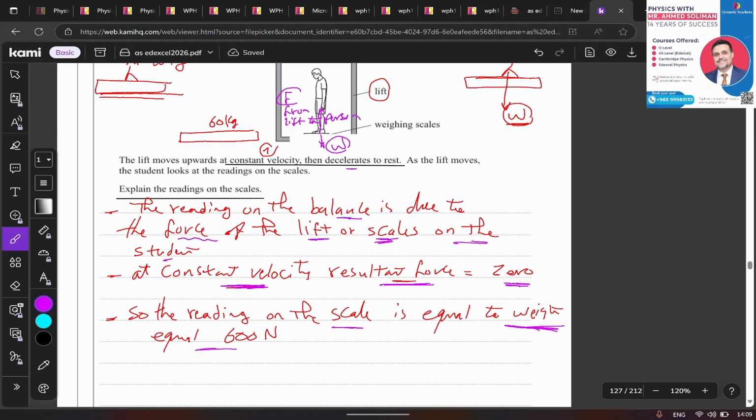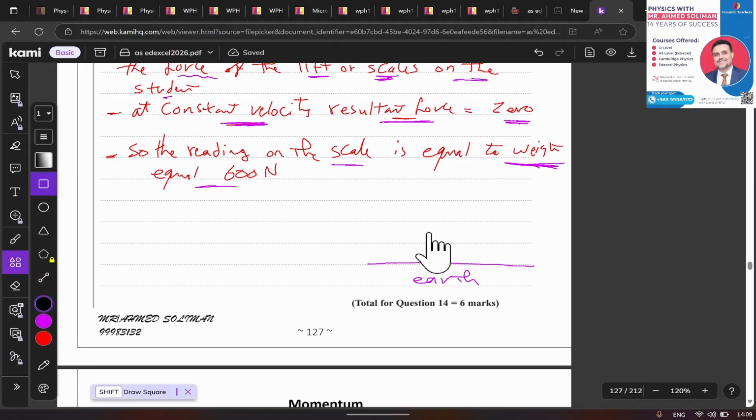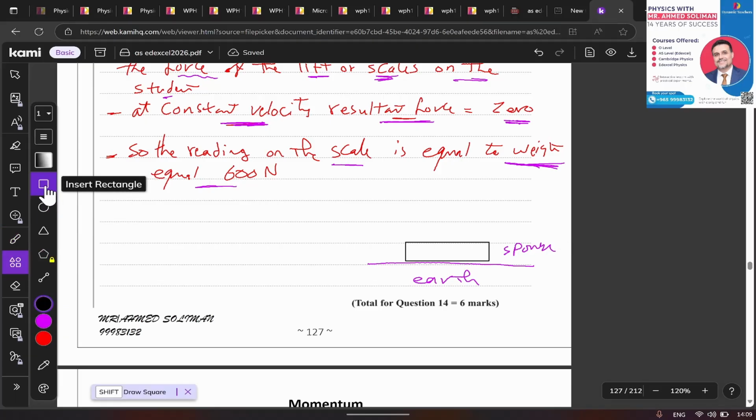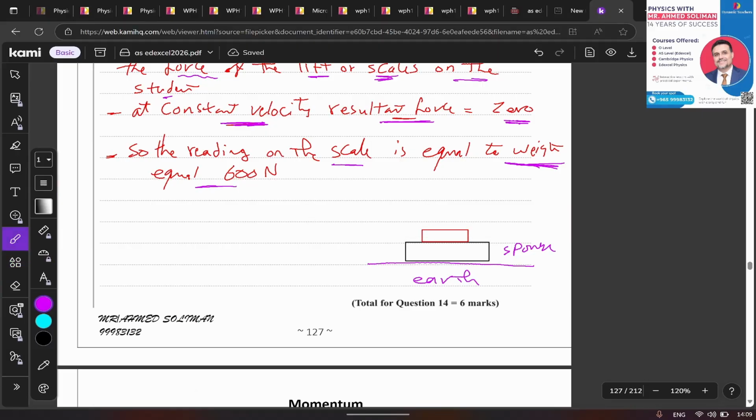This normal force is not always equal to the weight. For example, if this is the Earth's surface, and we place a piece of sponge, and then we place the scale. It's like when you stand on a carpet on the balance. The carpet won't give you the effect like the sponge.